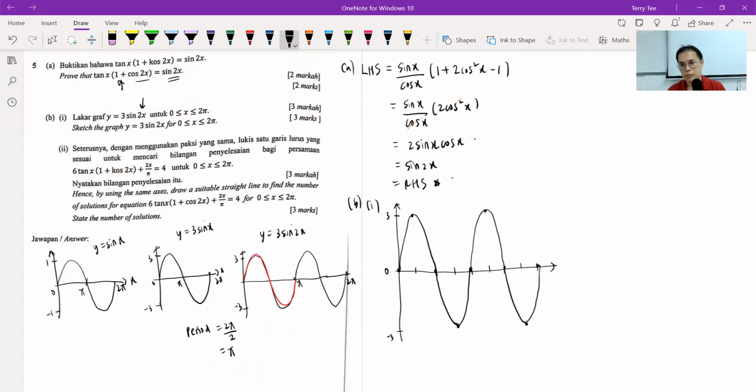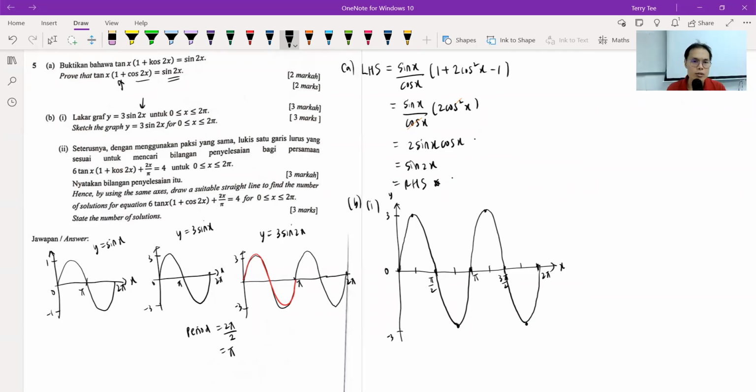Yep, not perfect, but it's not too bad. We just label these subsegments, but you don't have to label all of them. Just label the important ones. In this case, I label pi over 2, pi, 3 pi over 2, and 2 pi. That's it. Don't have to label every single subsegment of your graph.